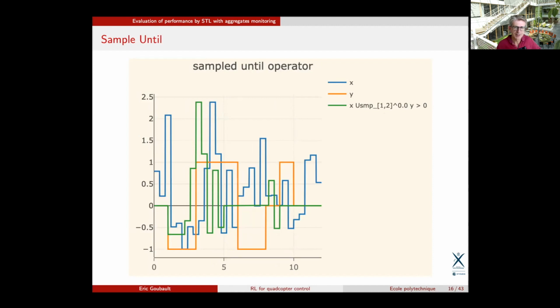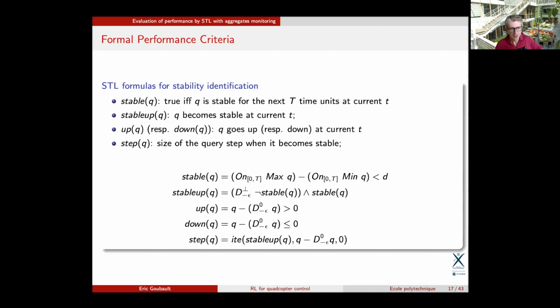It's pretty much the same spirit: looking at when the signal y is becoming positive, and looking at the value of x within a future time window of 1 and 2 seconds. So this allows us to encode what it means for a signal to be stable. It means that basically the aggregated maximum on some window of t seconds minus its minimum is going to be less than some threshold.